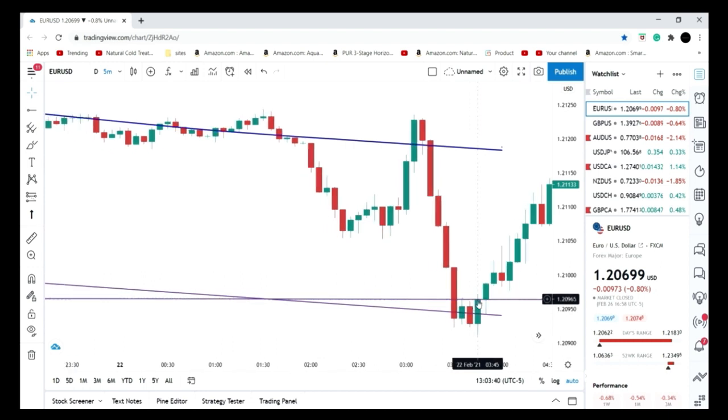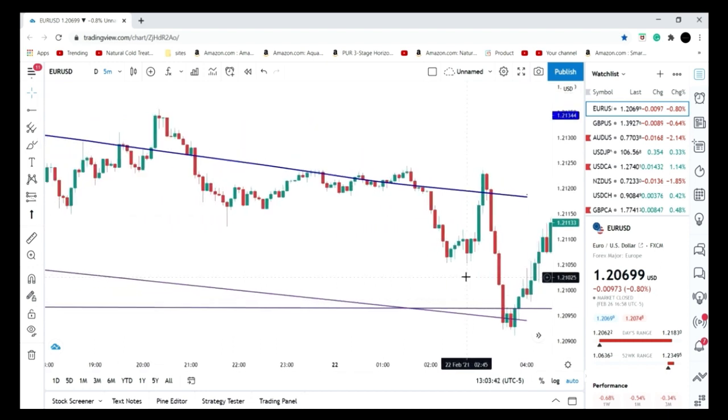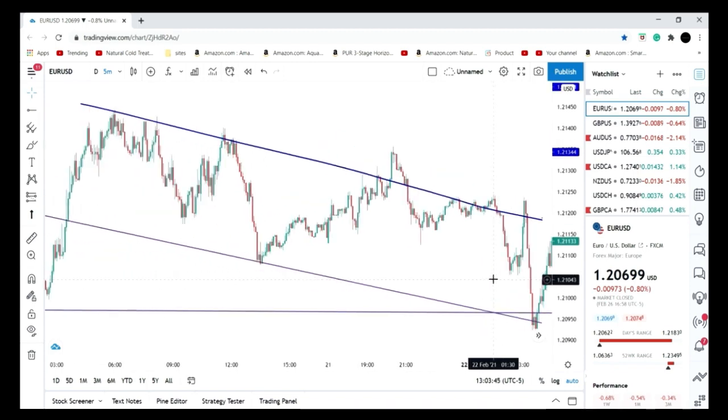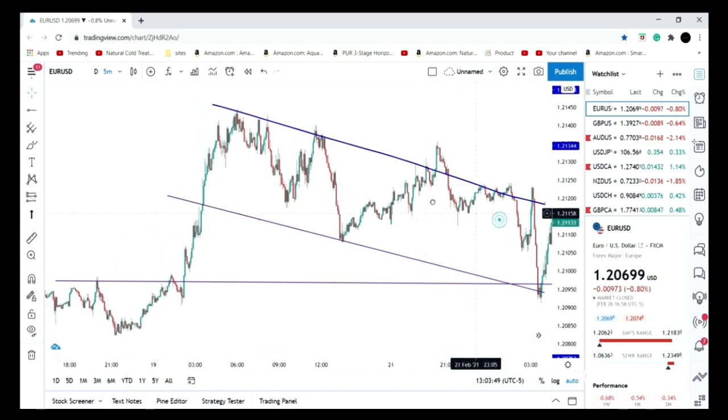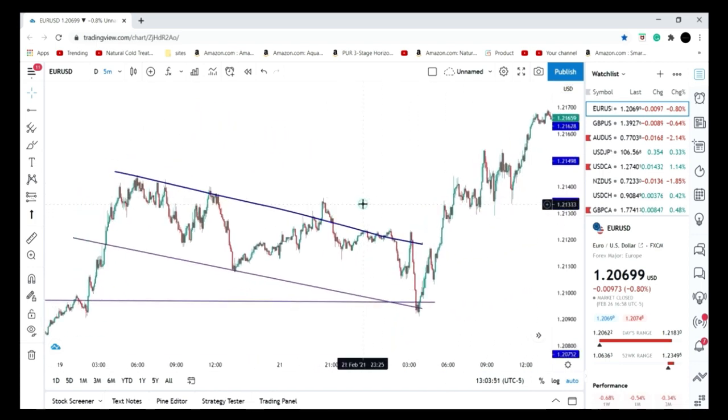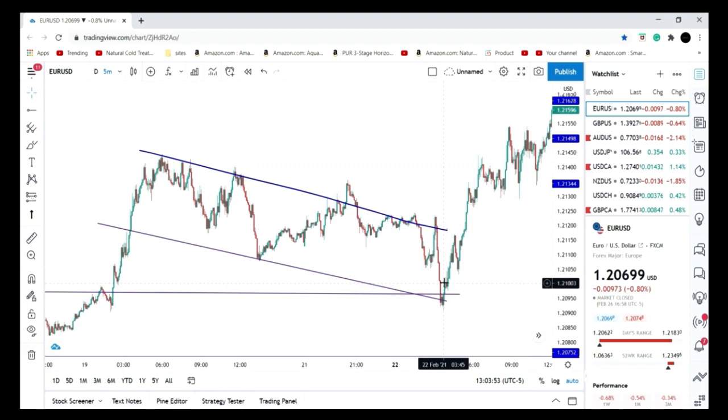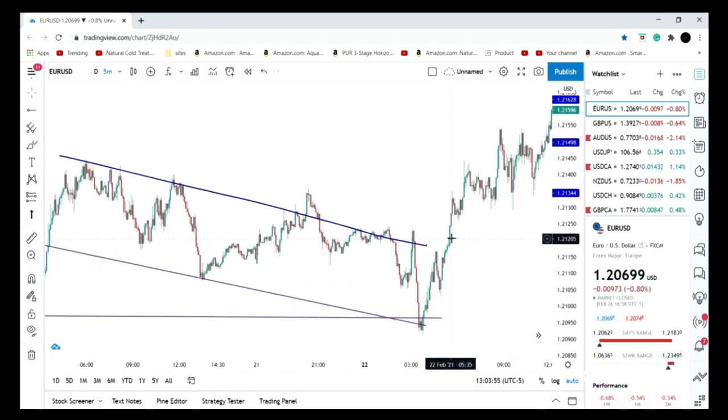This was a nice candle to go long, and guess what? If you see this, guys, and you understand that the 1 hour chart is making a flag pattern, I want you guys to not be afraid to hold for the breakout. Think about this for a second, guys.